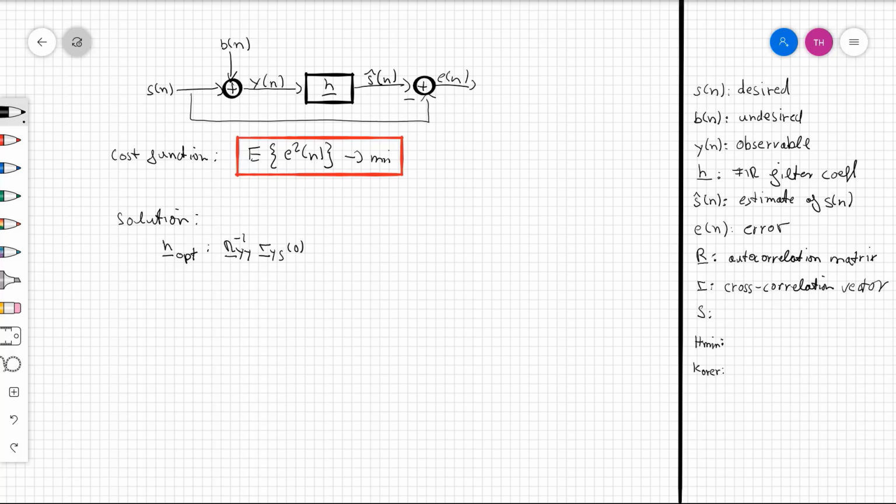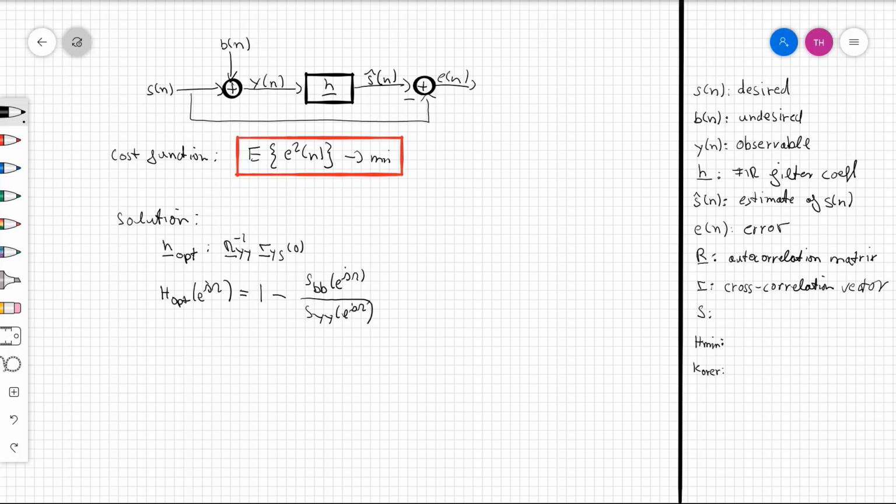If we want to compute this in the frequency domain, we also have a solution there. Then this breaks down to 1 minus SBB divided by SYY.